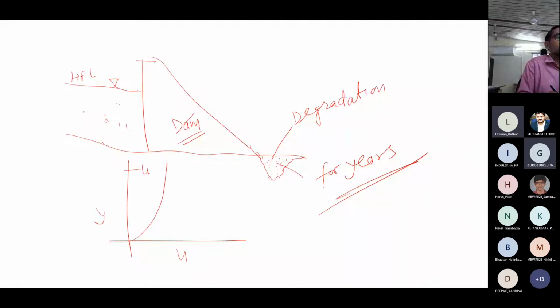It's u maximum around the top, and at the bed it is around 0. It is assumed to be 0 at the bed. But we cannot take the reading at the bed, we generally take it just above the bed. Suppose you are taking readings with a Pitot tube or an ADV, you cannot take a reading at the bed. So you can extrapolate it, but your first reading is somewhere here. So we are starting from here.